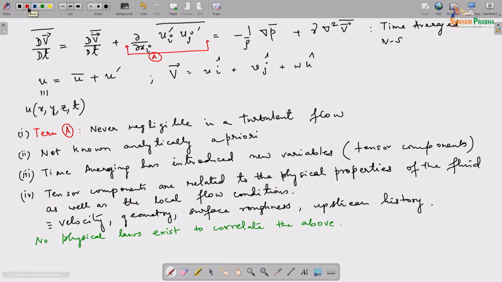So this term A, we're calling this a kind of tensor component. We can also call this essentially an inertia tensor. It's an inertia tensor. So I am going to call this the inertia tensor.